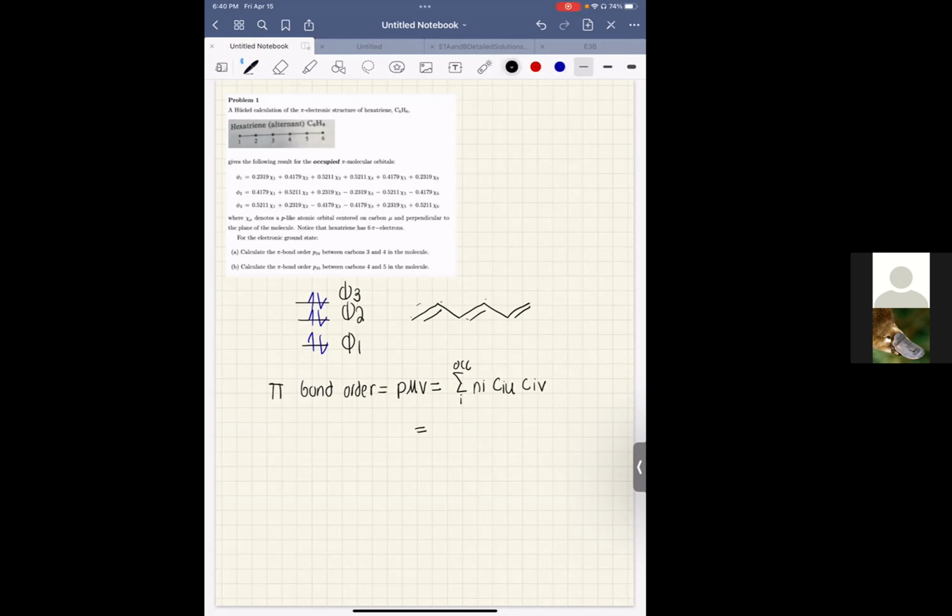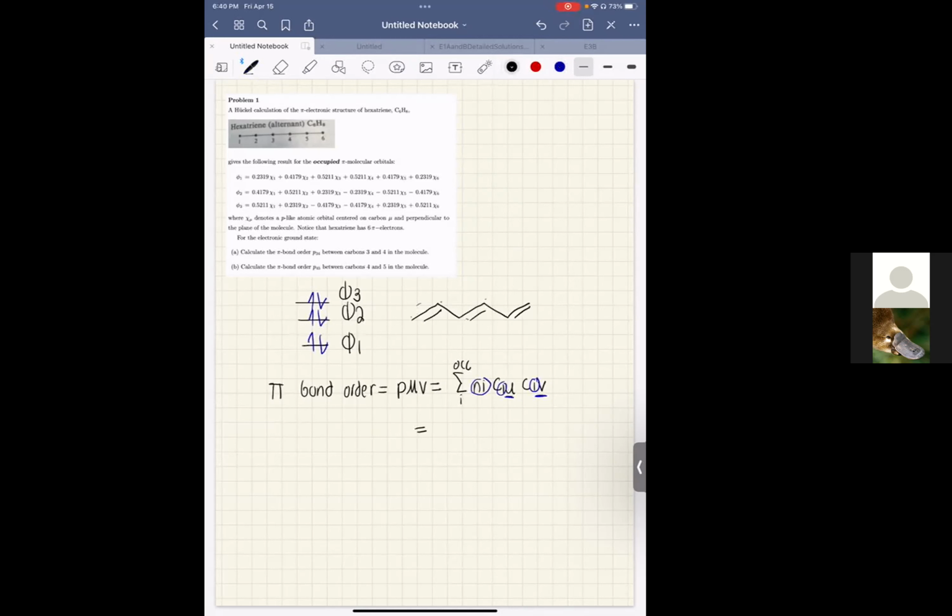This equation looks a little weird at first, but pi order just means the pi order between 2 electrons. So this is the one electron, this is the other electron, this is going to be our molecular orbital, and this is going to be the number of electrons in that molecular orbital.